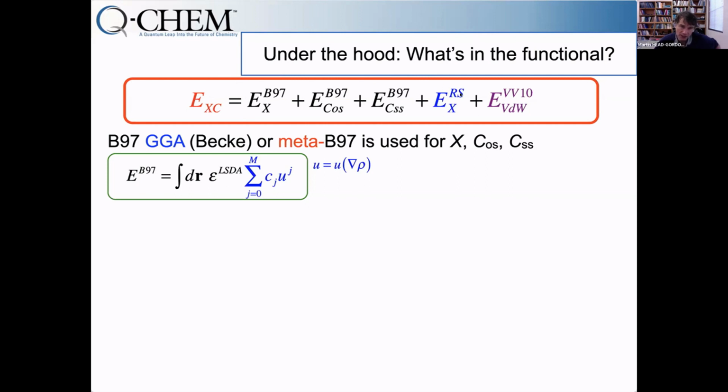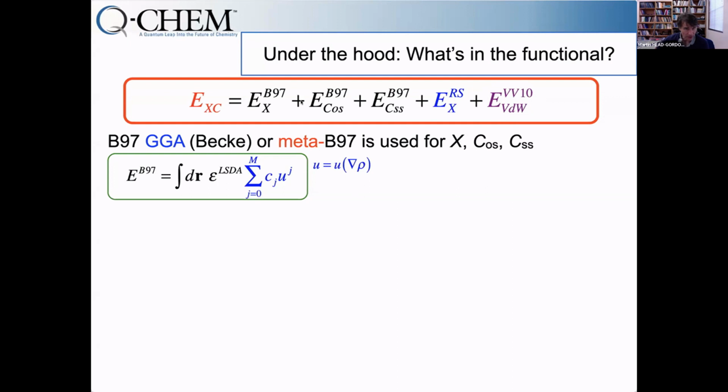Then optionally comes exact exchange, and in the functionals we've developed, this was done in the range separated sense, not local hybrid, but range separated exact exchange. And then finally, a dispersion correction that's in the form of a van der Waals density functional, and we use the VV10 functional of Vydrov and Van Voorhis.